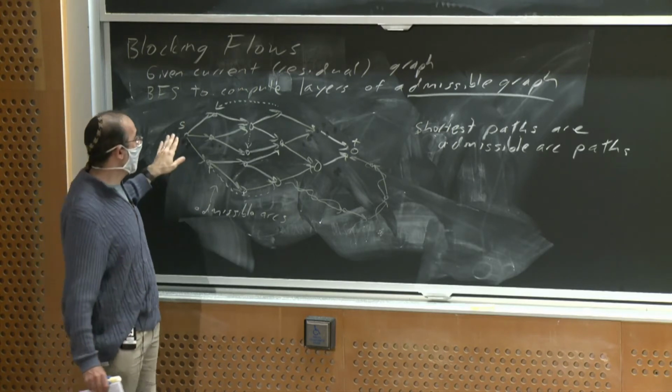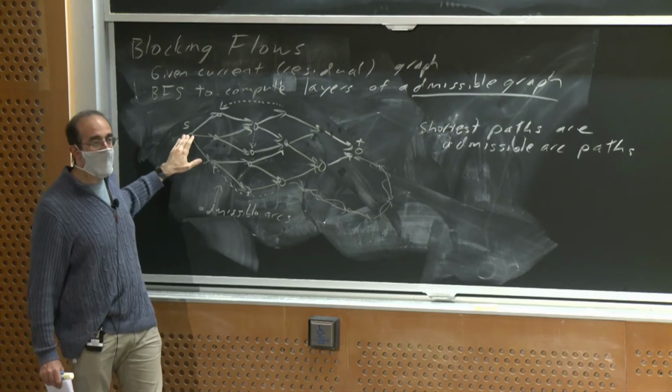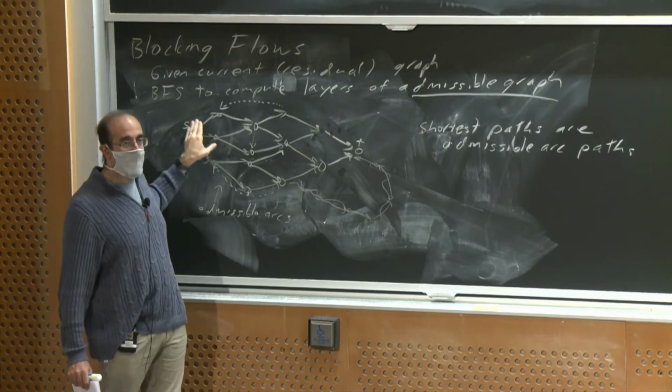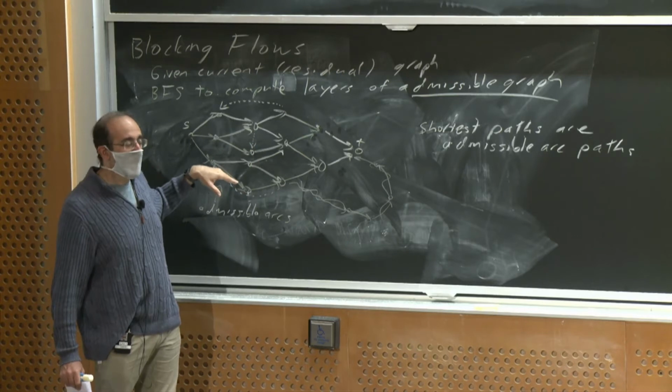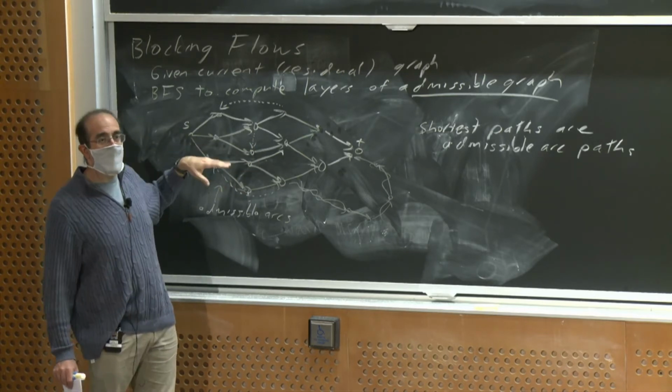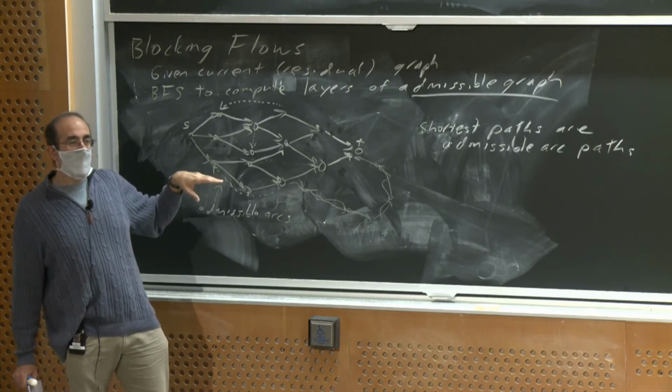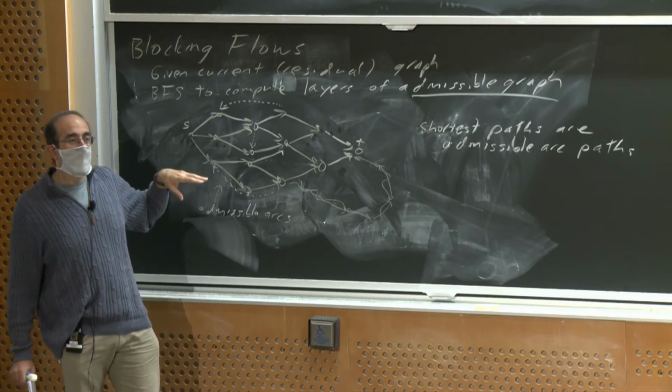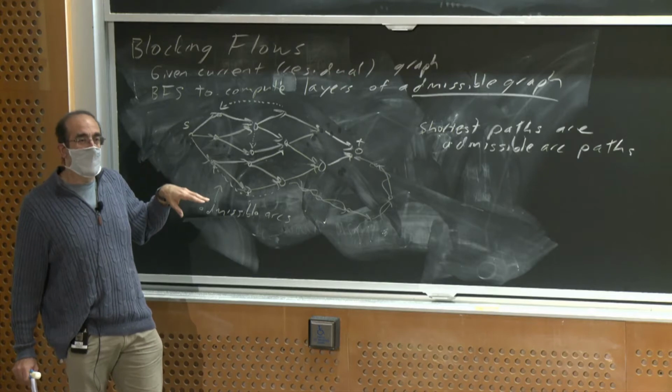Now what do I do? Now I start again back at S, and I look for another path. So I start my DFS again. And, well, I might get to T again. We already covered that case. What else might happen? Well, I might hit a dead end. I might get to a vertex that has no outgoing edges. What do I do in that case?